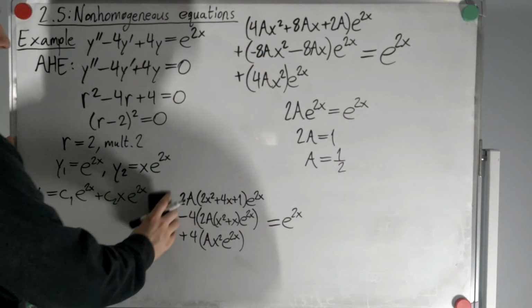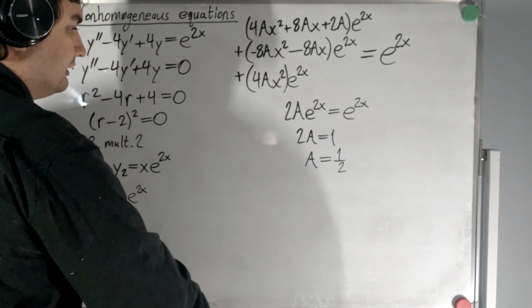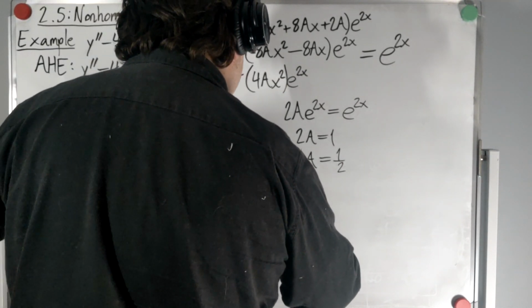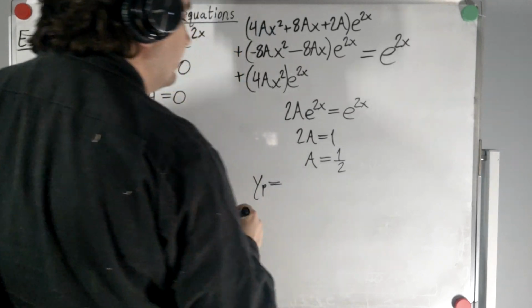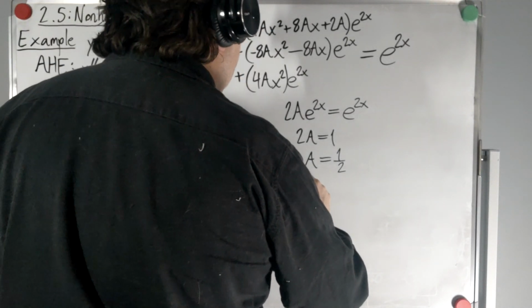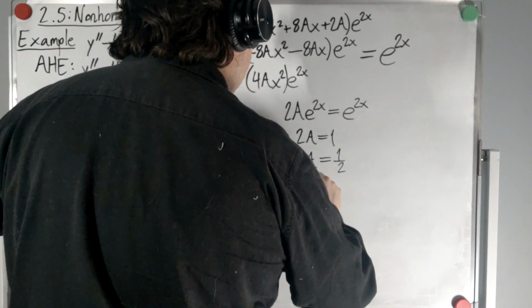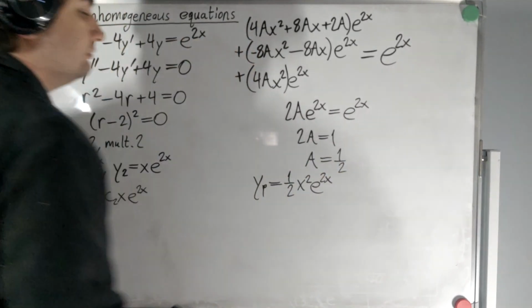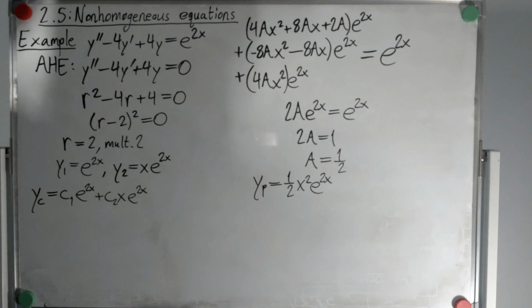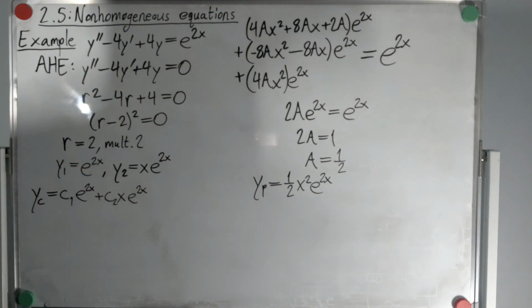So, what that means is that a particular solution of this ODE would be 1/2 x squared e to the 2x. Right? Because our initial guess was ax squared e to the 2x. Well, that wasn't the initial guess, but that was the refined guess, I should say.